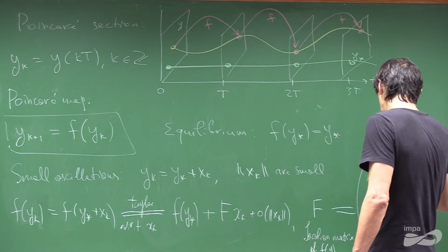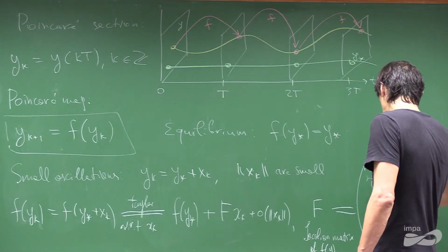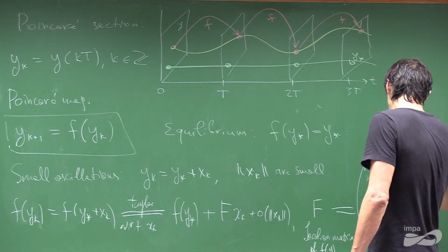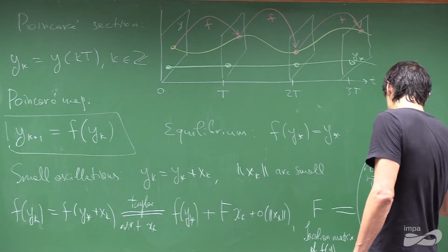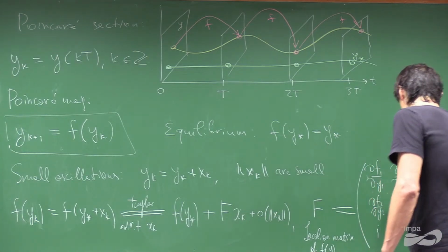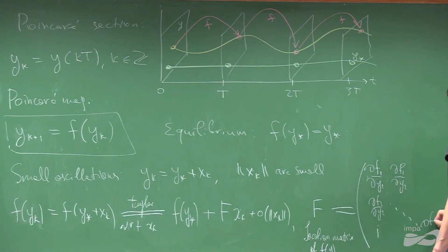So df1/dy1, df1/dy2, f2/dy2, dfn/dyn. So the matrix of all derivatives from all components, and it's computed at y equal y star.